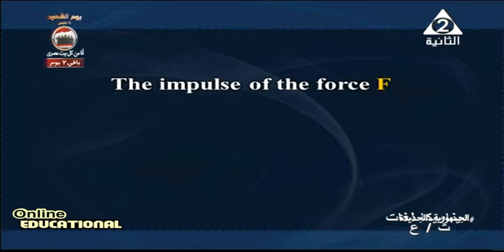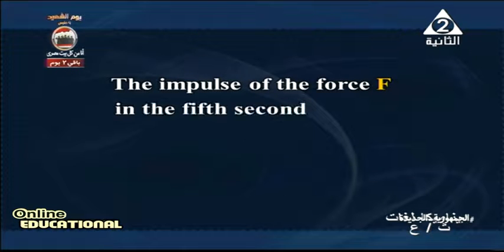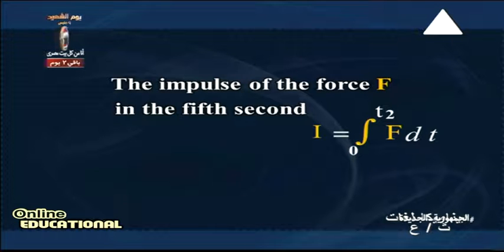Now, what is the impulse of the force F in the fifth second? In the fifth second, from t equals 4 till t equals 5. We know that I equals integration of f dt from 0 to t2.